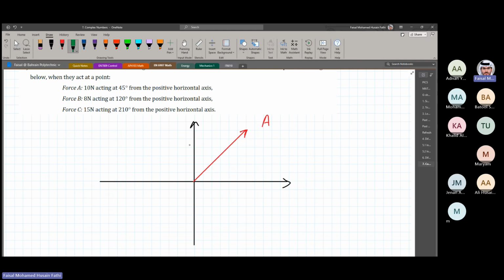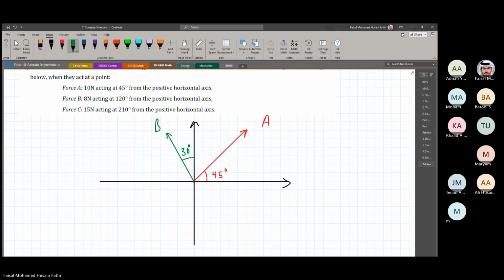Force B is acting at 120 degrees. So this is 90 plus 30, so it's 30 degrees here, and it's 8 newtons, so a bit shorter than the other one. This is B, and this is 30 degrees, or 120 from the positive x-axis.